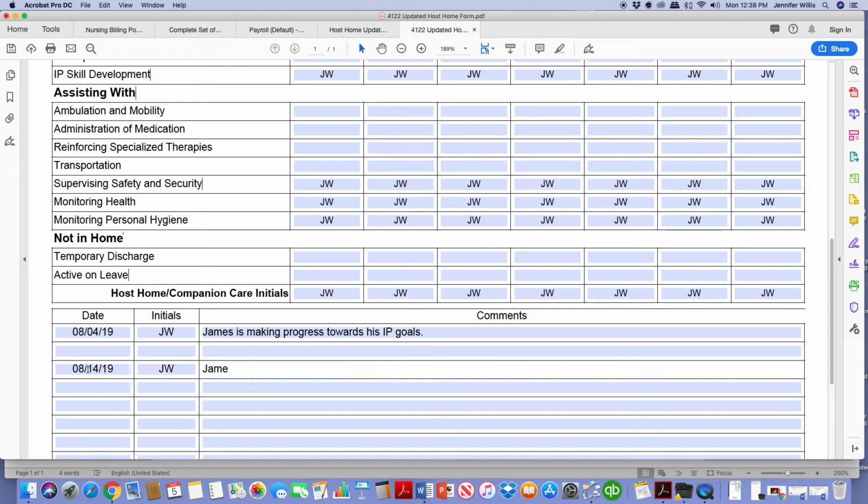So you can say as well, James had a doctor's appointment with Dr. Smith. I'm going to say PCP, primary care physician, so at least we'll know what doctor.